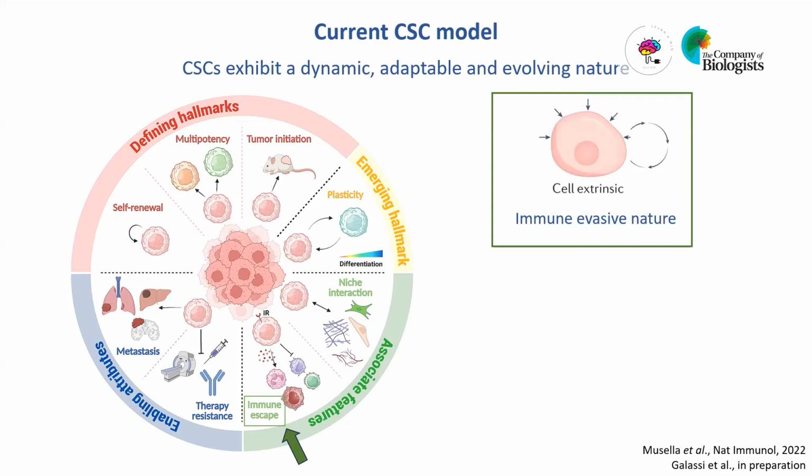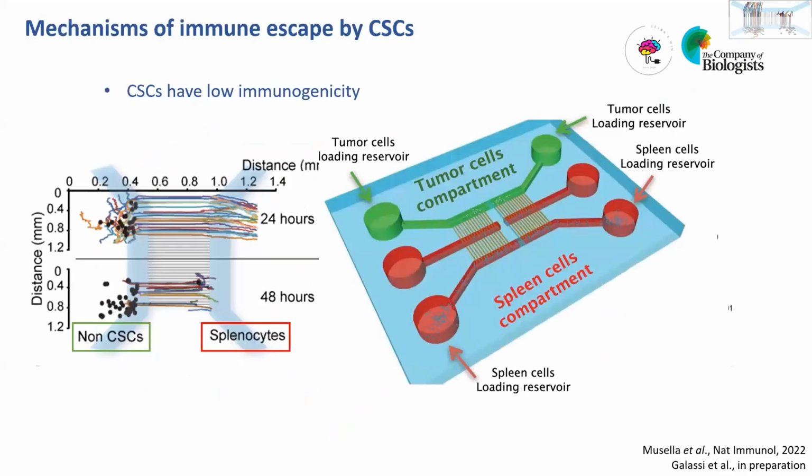So these cells, as we and others have demonstrated, have an immune-evasive nature. In this slide, I'm presenting an experiment in which we used microfluidic devices, in this case with 2 chambers.